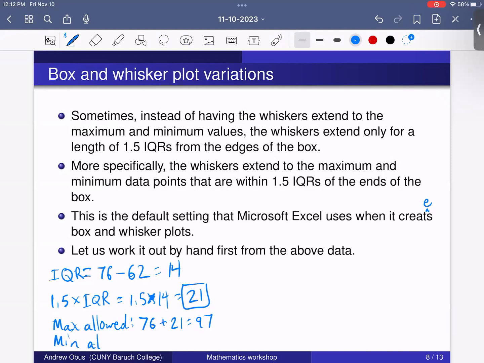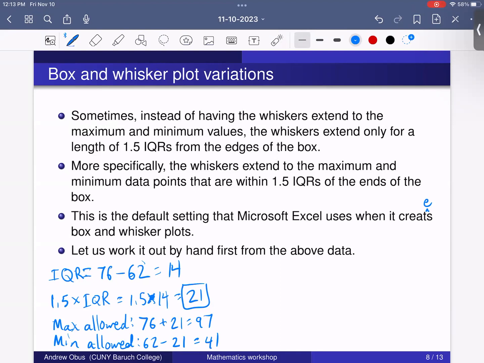And the minimum allowed is the 25th percentile, that's 62, minus 1.5 interquartile ranges, minus 21, which would be 41.